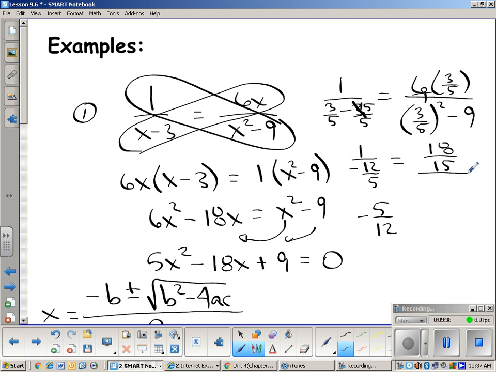And then what's 3/5 squared? What's 3 squared? 9. What's 5 squared? 25. So what's 3/5 squared? 9/25. Minus 9. I guess I'm not sure. 9 times 25, right? So 4 times 25 would be 100.